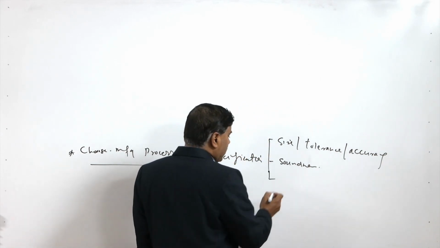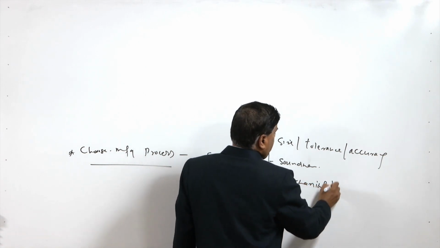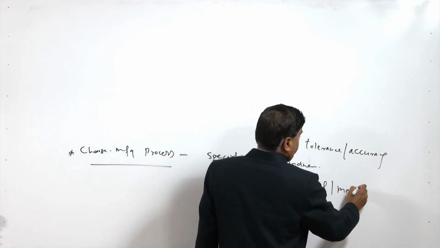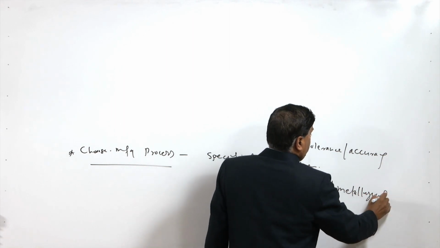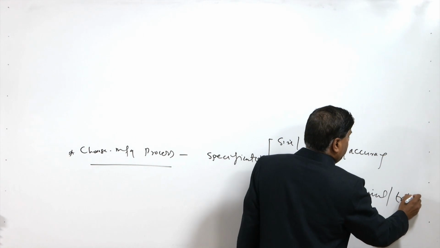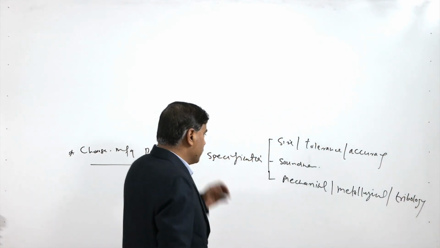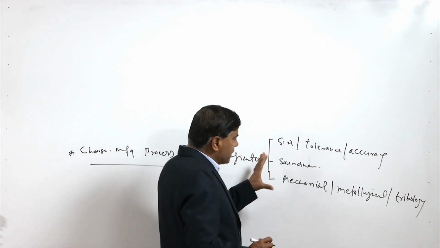And then what kind of combination of mechanical, metallurgical or tribological properties as per the function of the product.